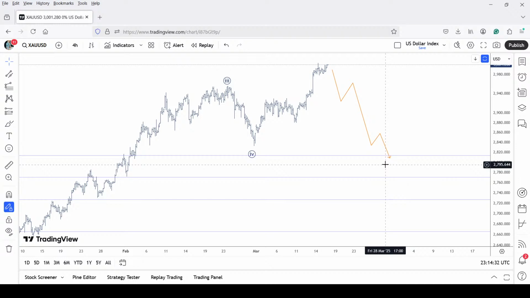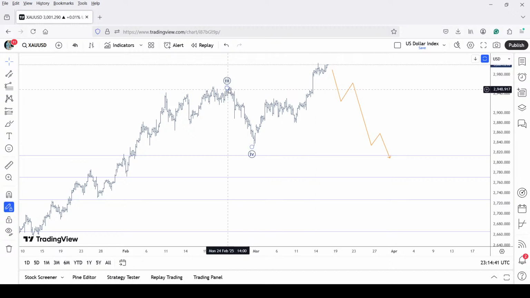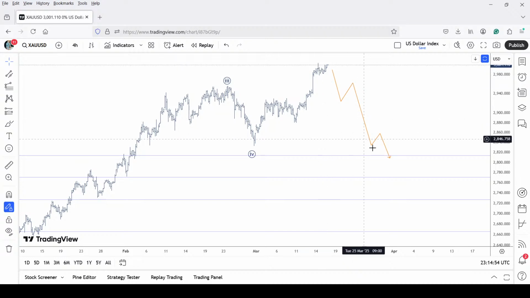I'm still keeping my options open towards a WXY as well till the time we are in the vicinity of 3000, 3010, because that is an ABC, and again we have an ABC. We can always have another ABC.